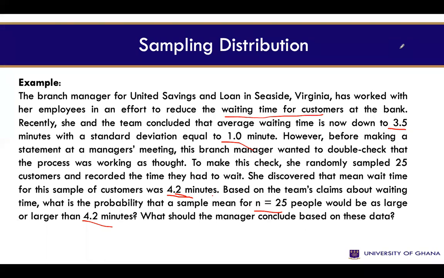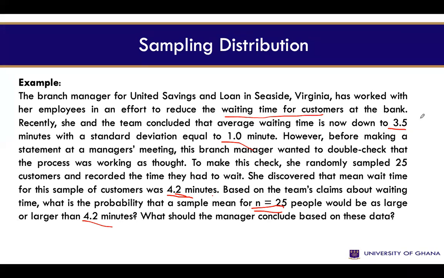No, what they're saying is that, for a sample of 25, what is the probability that the sample mean will be larger than 4.2 minutes, for every sample of 25 that we will pick? That is what we are asking. Okay, so the question is actually based on the sample of 25 people.